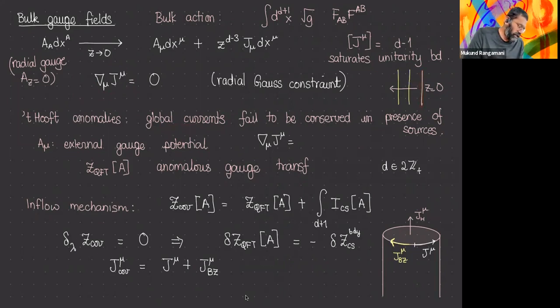So if I turn on a non-zero A_μ on the boundary, my current will no longer be conserved, but it will fail to be conserved by some functional of A_μ. Remember that in 4 dimensions, the current conservation is violated by a term proportional to E dot B. So standard chiral anomaly, the ABJ anomaly.